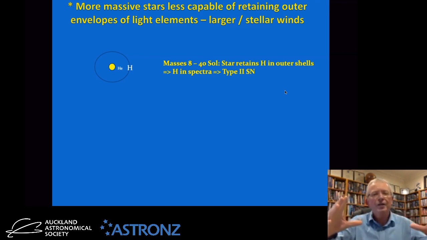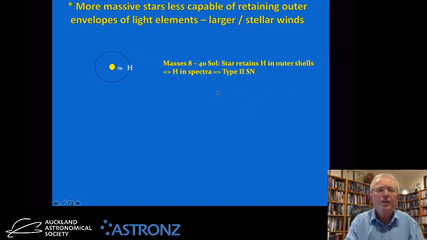Just happens to be the way it is because you're further away from the center. So it makes sense that a star that gets larger and larger is less capable of hanging on to light elements further out. And a larger, more massive star has stronger stellar winds, with the sort of high-powered energy pouring out of it.